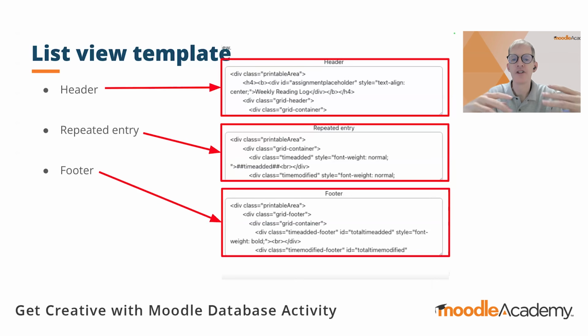Historically, when I first started using the database activity and began exploring templates, tables were the default in these templates, and I tried to make the best of that approach. As I learned, using tables for organizing page layouts is difficult to do effectively, but more than that, it's much less accessible to users with accessibility needs.